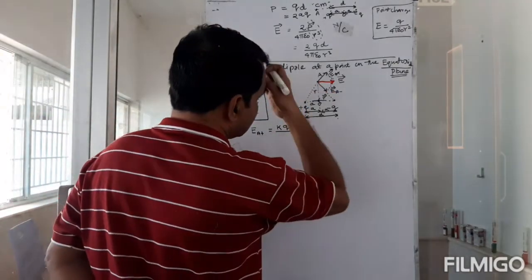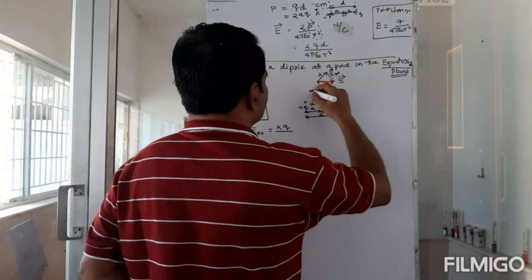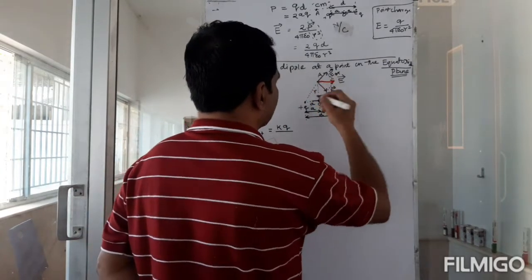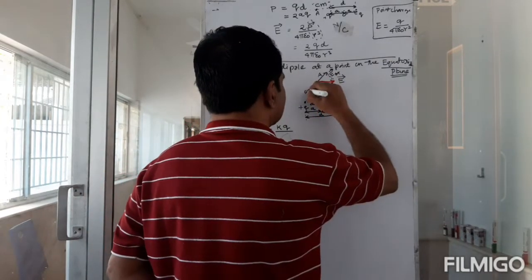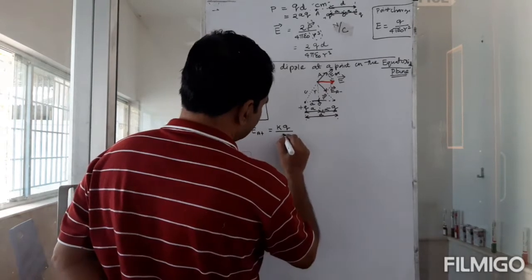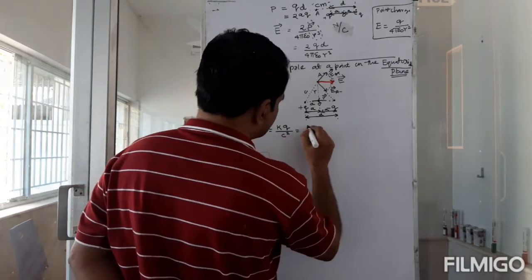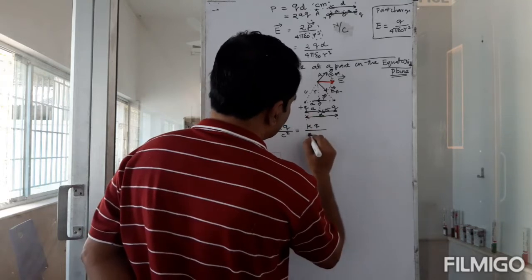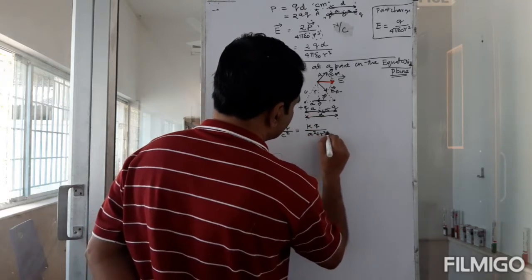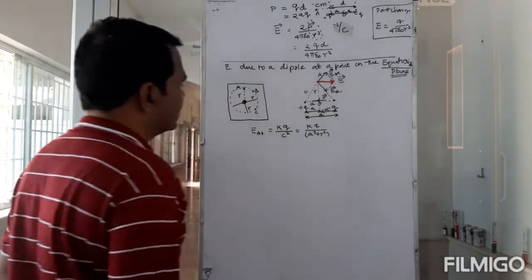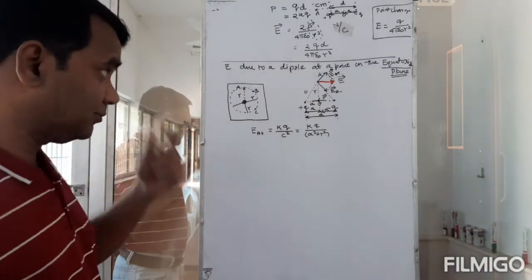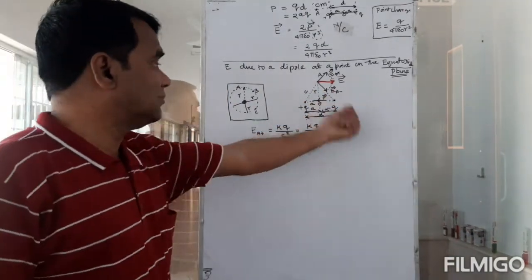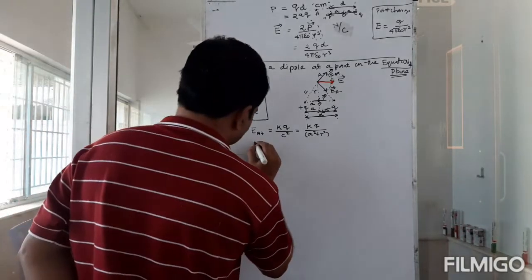So this distance, maybe I can call this C, better, right? So C squared is actually equal to R squared plus A squared, and the magnitude is KQ by C squared. Good. And what about this EA minus? That's the magnitude. Same thing.